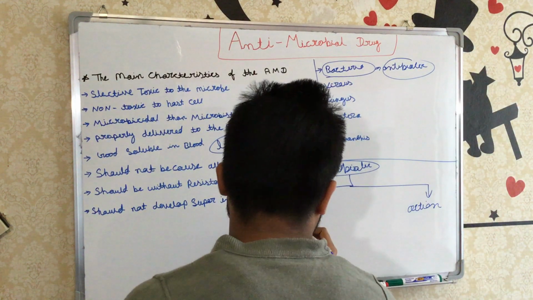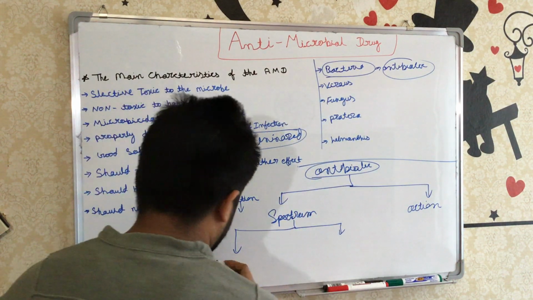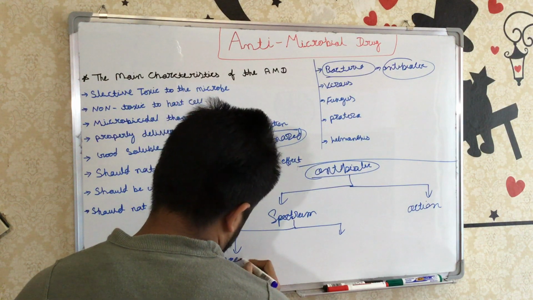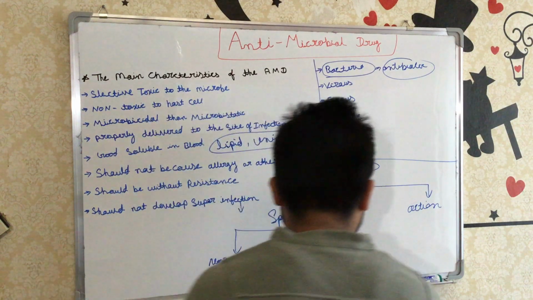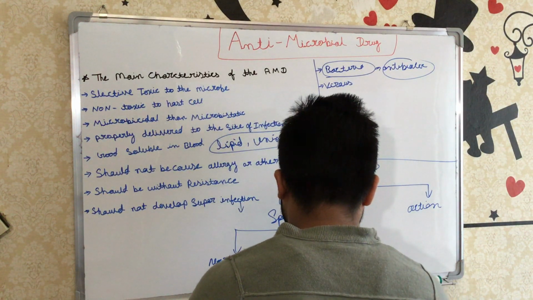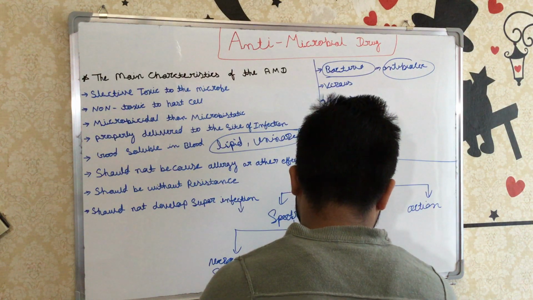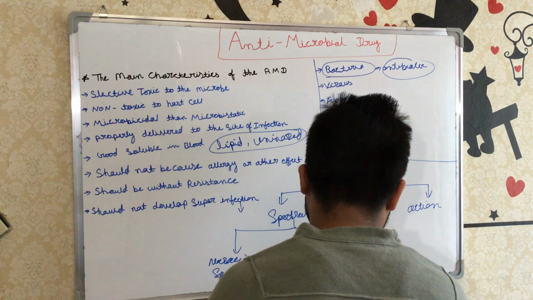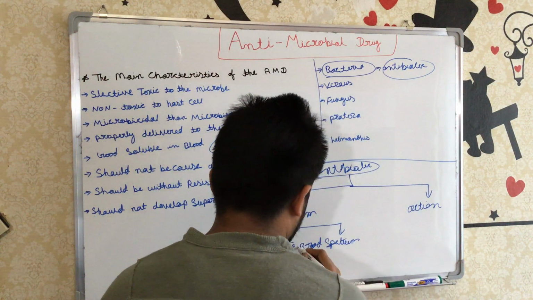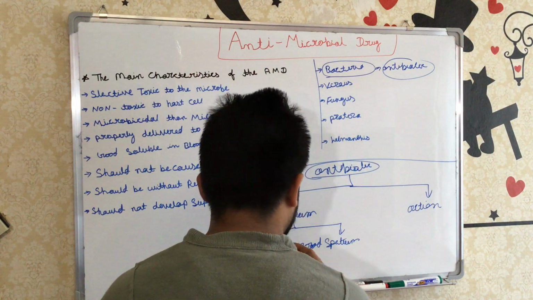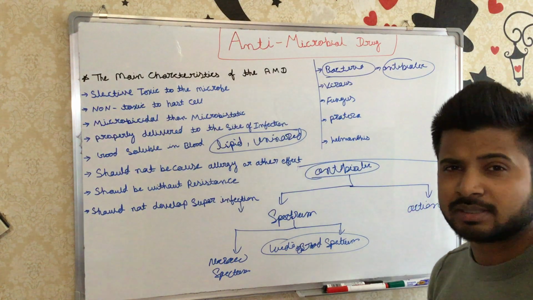If you talk about the spectrum, it is mainly divided into two parts: the first is narrow spectrum, and the second is broad or wide spectrum. There is also extended spectrum, but it is used only in rare cases.